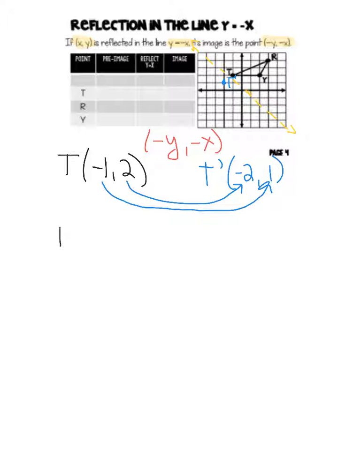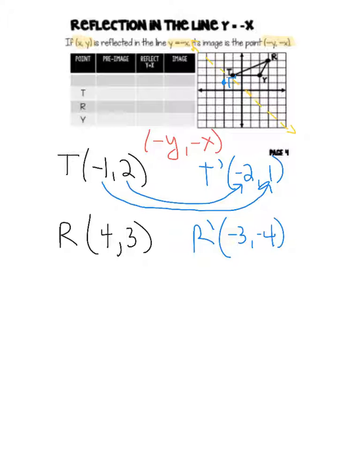Okay, next letter, letter R. R is at (3, 4). We apply our transformation. R prime becomes (-3, -4). There's R prime.